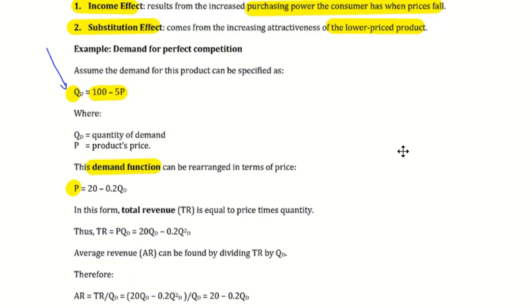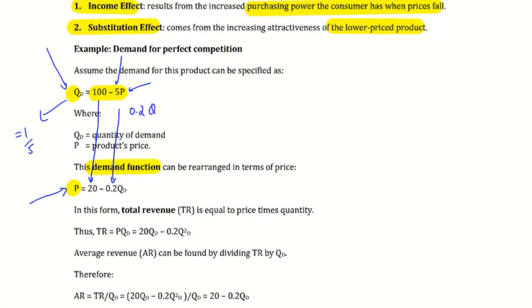My 100 becomes 5y because I divided by 5 to isolate the price, and my quantity becomes 0.2q, because 1 over 5 gives me 0.2q.